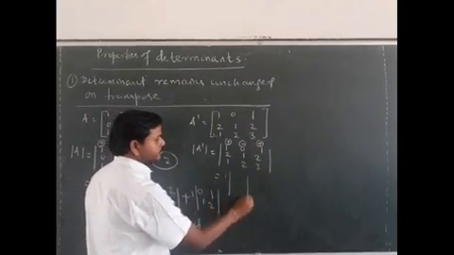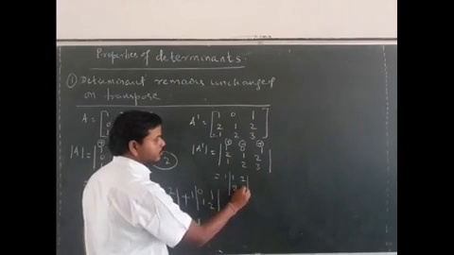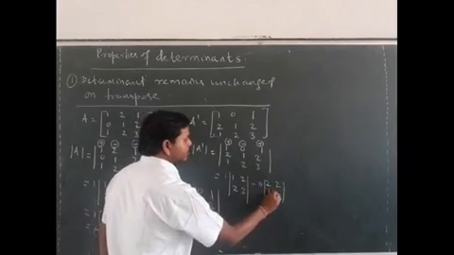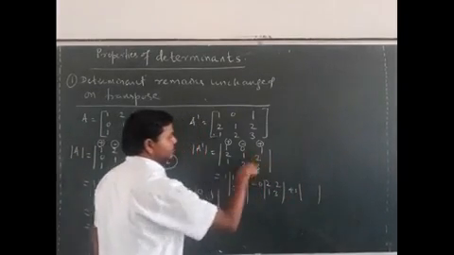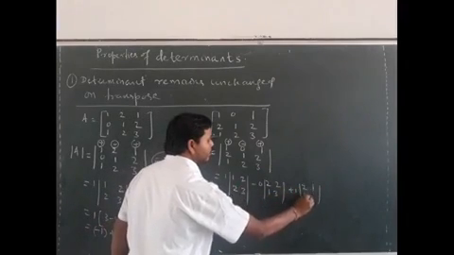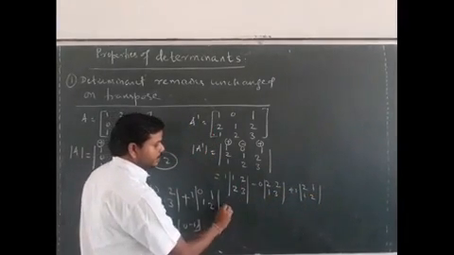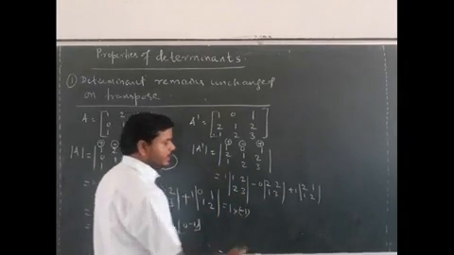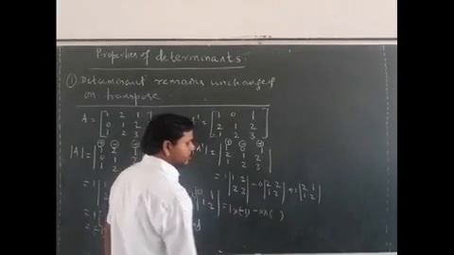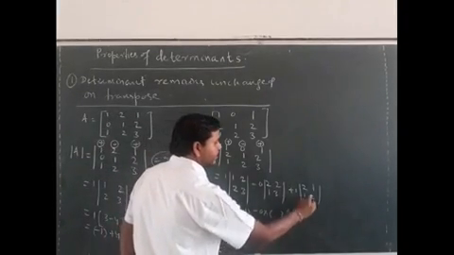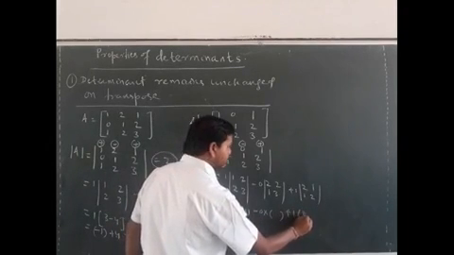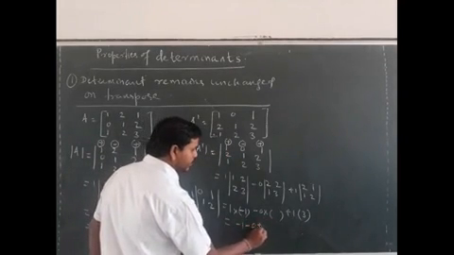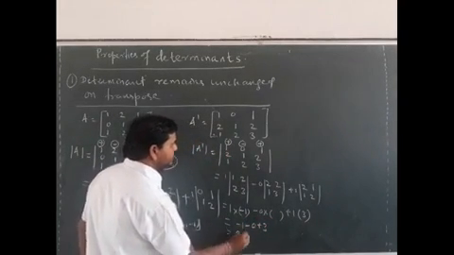So this is 1 times the determinant of 1, 2, 2, 3, minus 0 times the determinant of 2, 2, 1, 3, plus 1 times the determinant of 2, 1, 1, 2. This gives 1 into (3 minus 4), which is minus 1, minus 0 into anything, which is 0, plus 1 into (4 minus 1), which is 3. So minus 1 minus 0 plus 3, which is again 2.